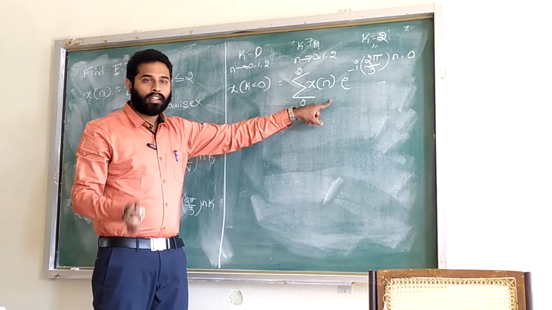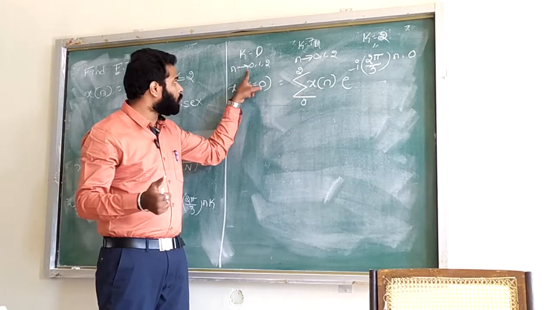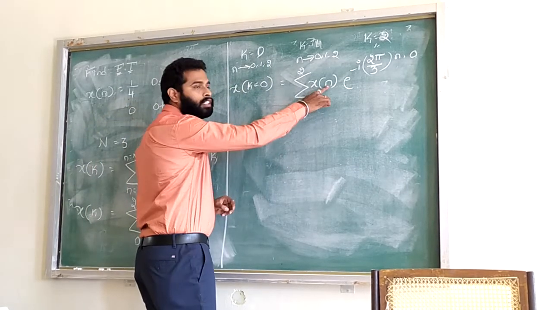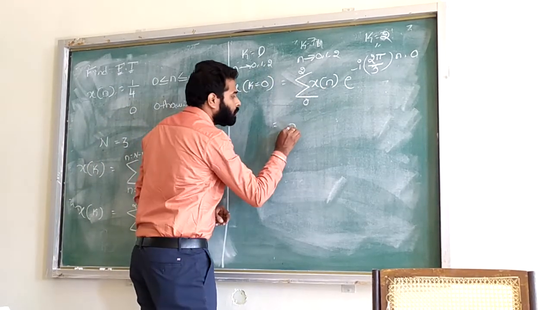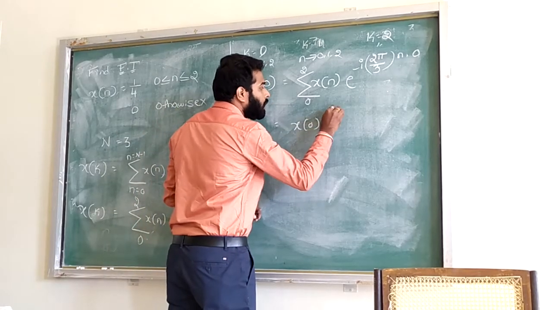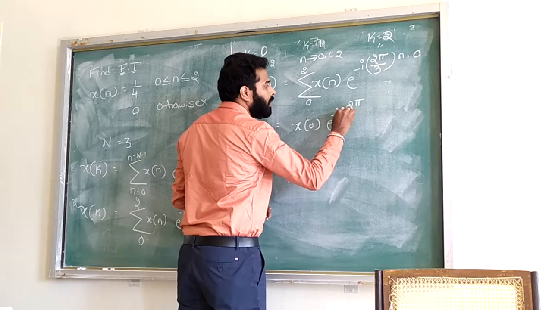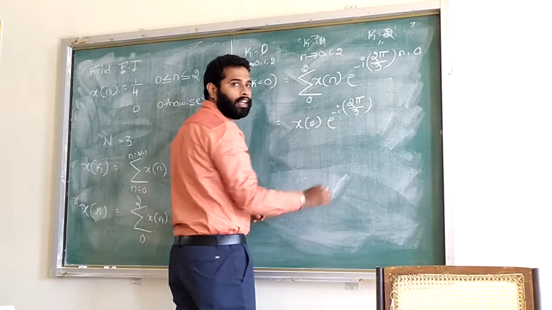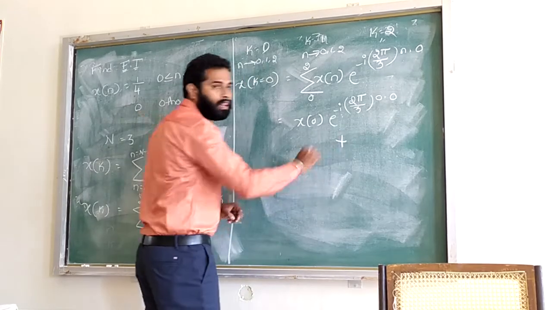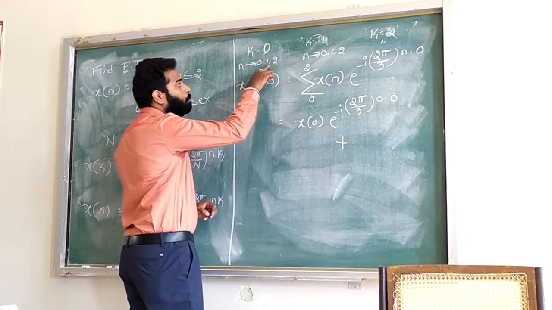Now in this equation, in place of n, first we put 0, then we put 1, then we put 2. Okay, that's equal to, in place of n, first we put 0, that becomes x of 0 e raised to minus j 2 pi divided by capital N is 3 into n into k. Now n is equal to 0, k is equal to 0, plus in place of n now we will put 1.